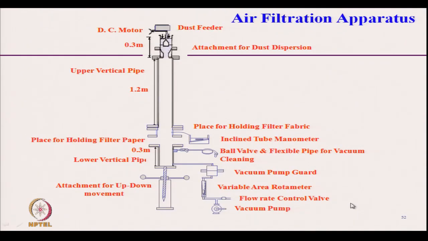This is the equipment, a schematic diagram of the equipment. Here there is a DC motor connected with the dust feeder. So, the dust feeder feeds the dust at a predetermined rate.